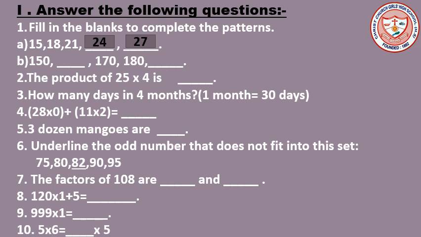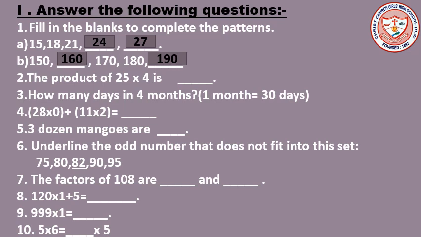So it is nothing but keep counting by 10. So what will come after 150? Yes, here the answer will be 160, then 170, then 180. So the last one will be 190. Clear?